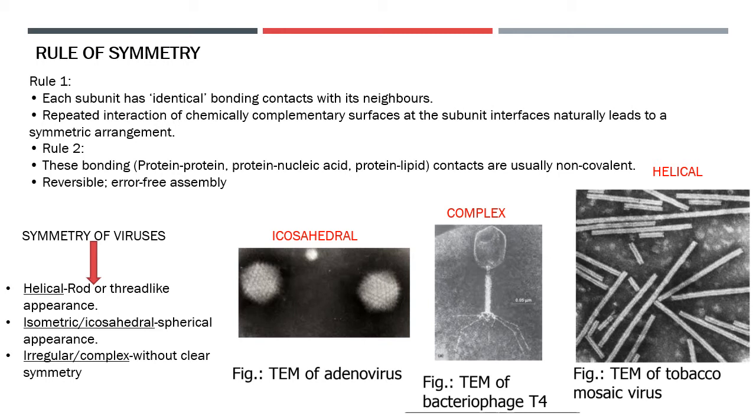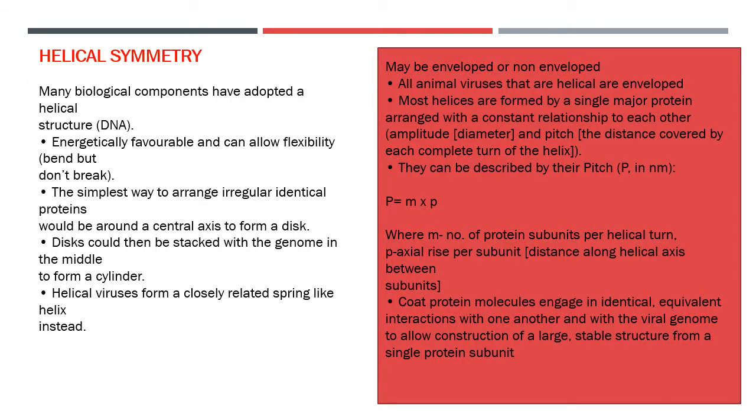The example is adenovirus. And third is irregular or complex, which means without clear symmetry. You cannot classify them as icosahedral or helical. The example is bacteriophage T4.